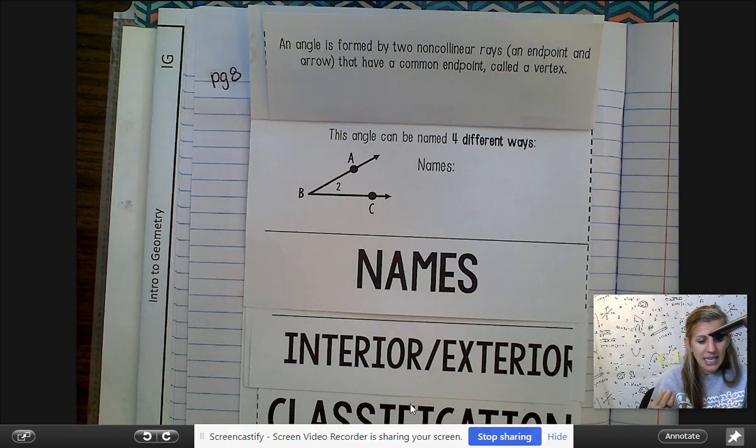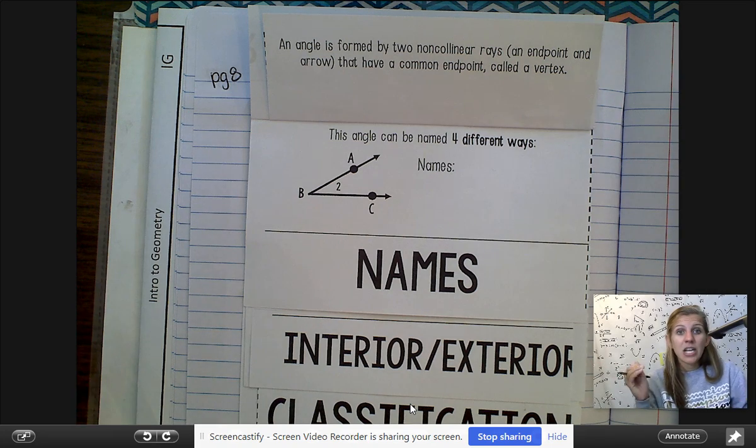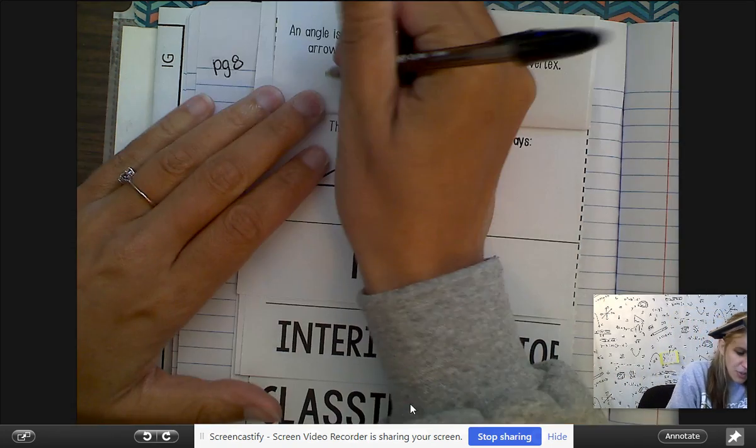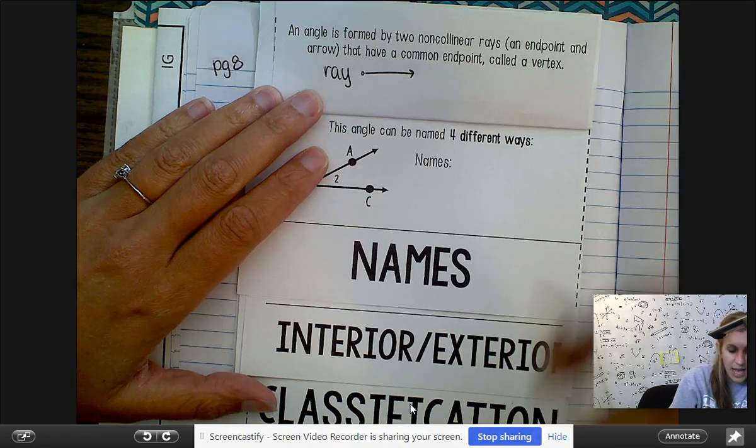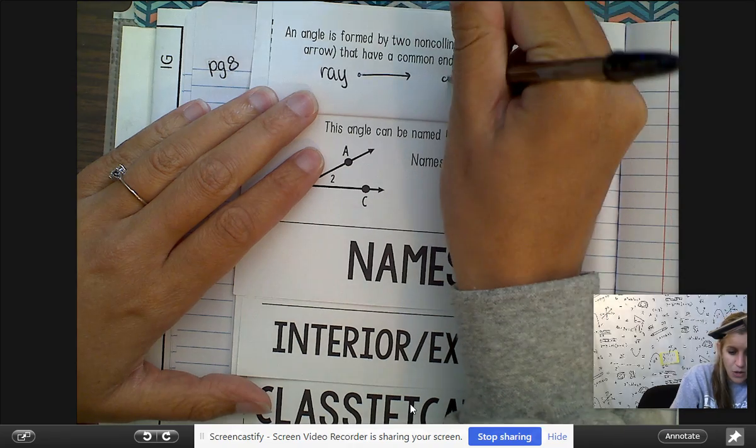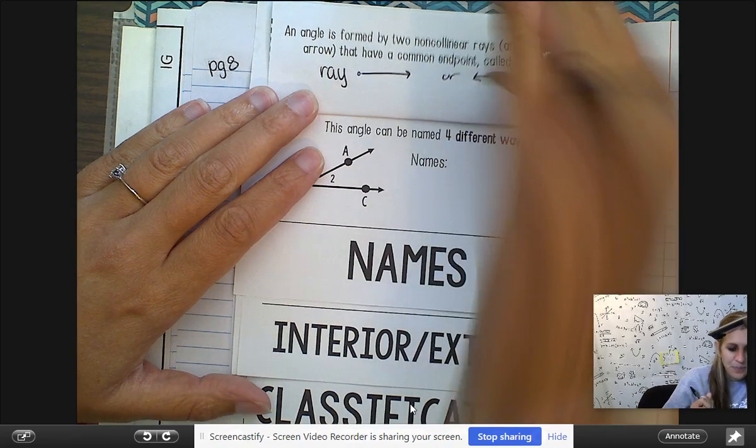And remember, a ray is an endpoint and then an arrow. And they share a common endpoint called a vertex. So we have a ray like this. We have a ray like this.